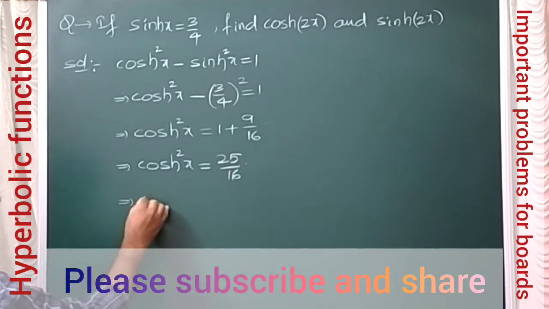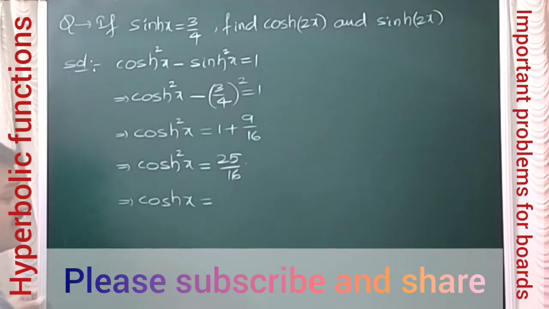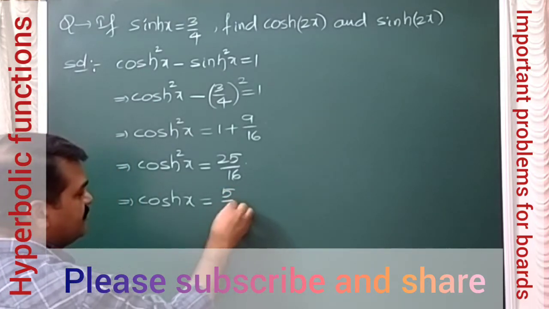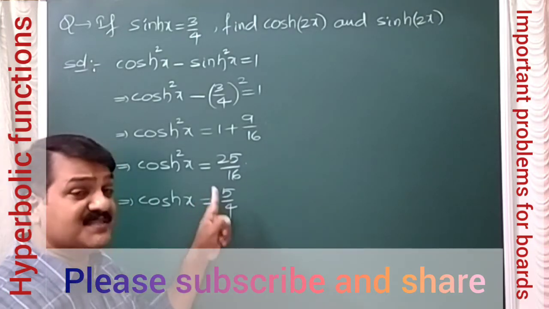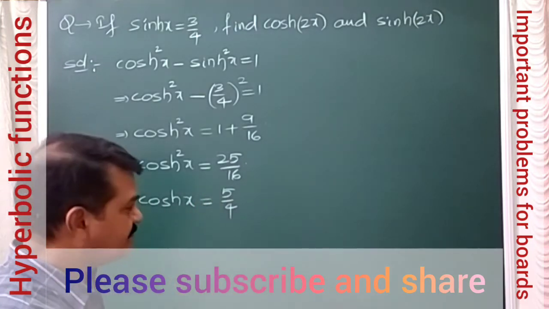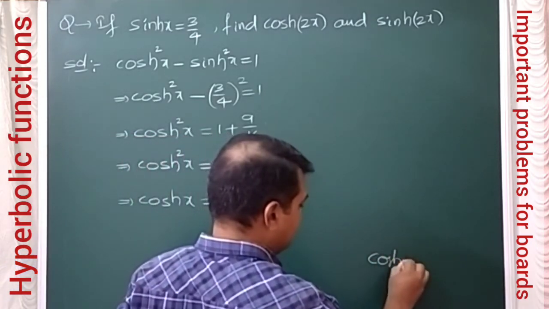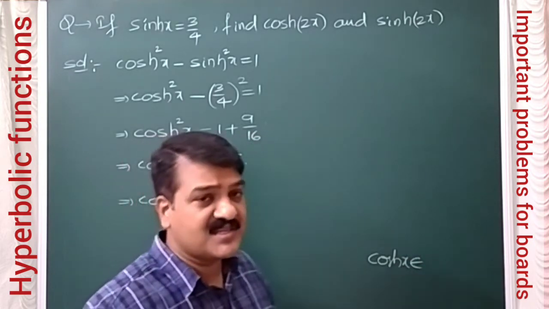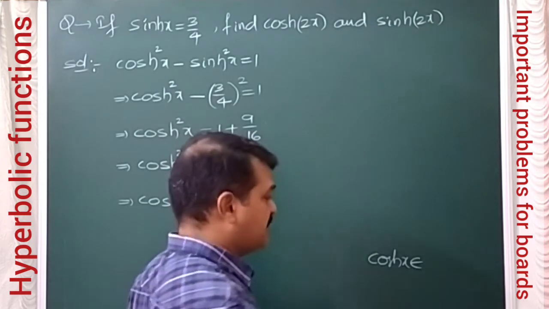So cosh² x will be 25 by 16. So what is cosh x now? Cosh x will be the square root of 25 by 16, that is 5 by 4. We are not writing cosh x as plus or minus 5 by 4. Why? Because in the last video we discussed the domain and range of hyperbolic functions.